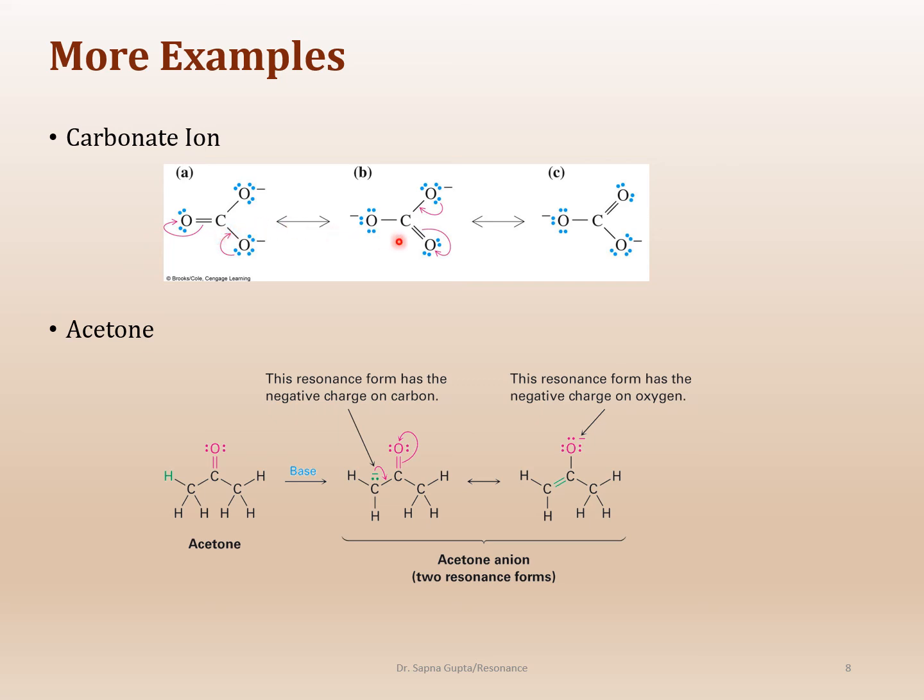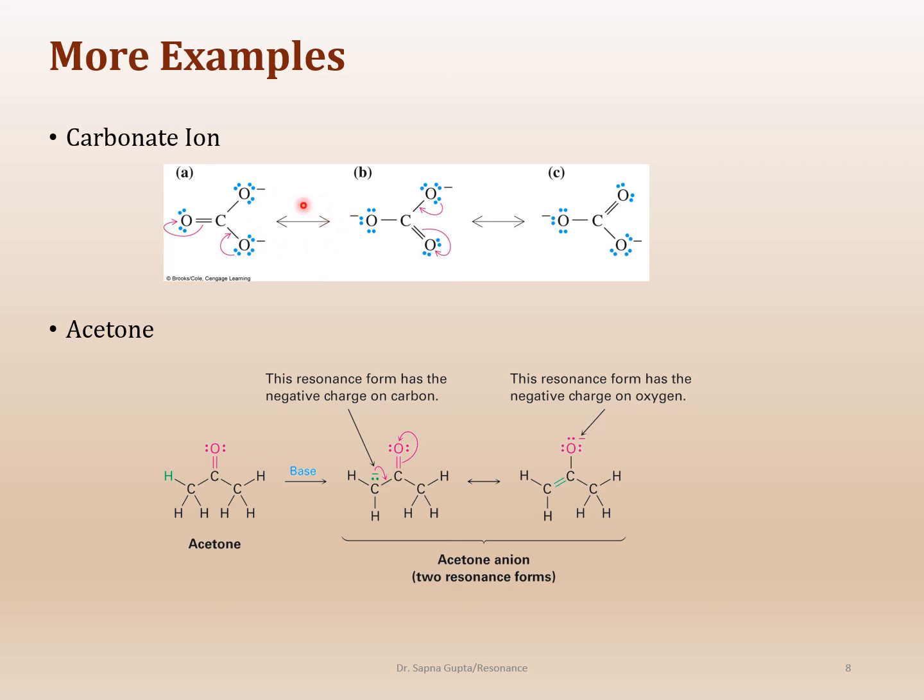So the final structure you end up getting is a double bond between the carbon and oxygen, because that's where the electrons moved, and the electrons from here moved to this oxygen, so it now has an excess of electrons.